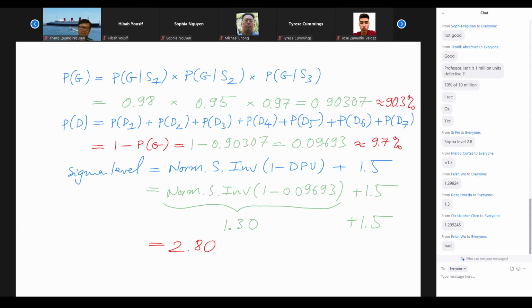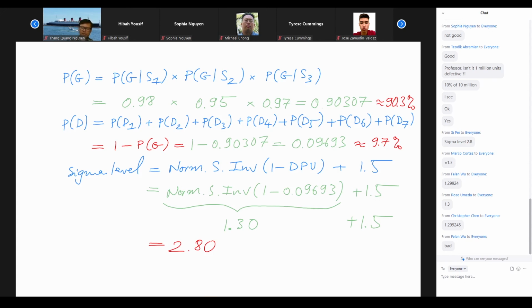Yeah. 6.0 means near zero defects. 6.0 means out of 1 million units, we only have 3.4 defects. But here it's not 6.0, it is 2.8. It's a number very low relative to 6.0. So this 2.8 normally means that the process is bad, okay?